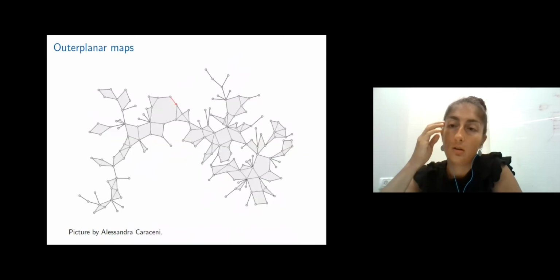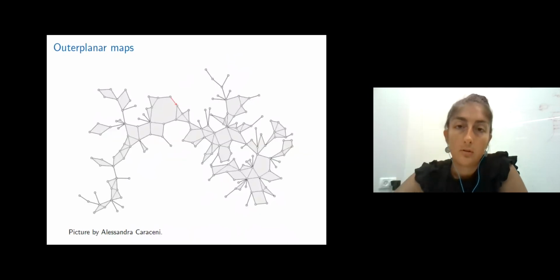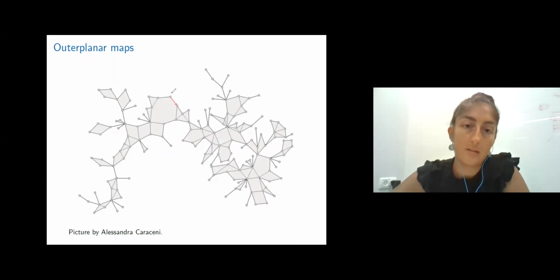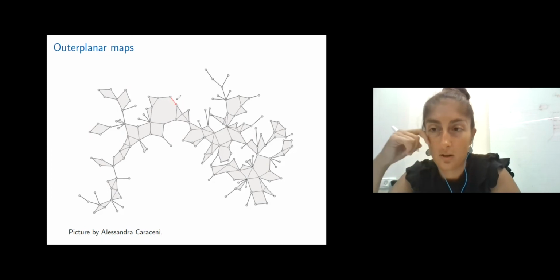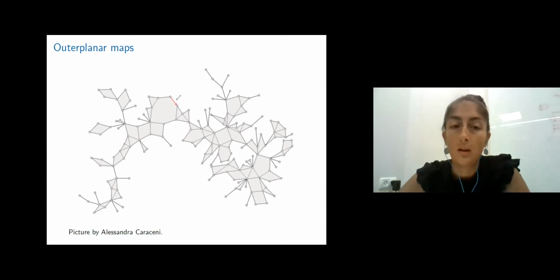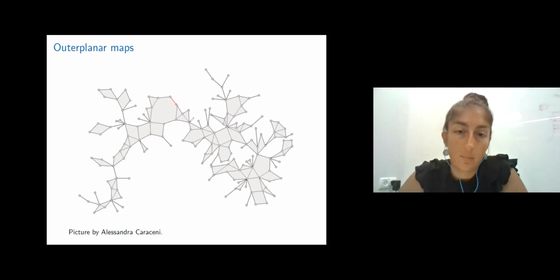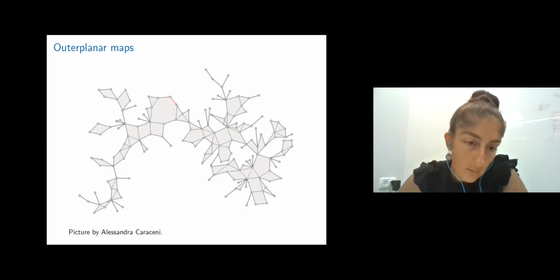Here is another picture of an outerplanar map. So outerplanar random maps are special because they have this property that all vertices are adjacent to some kind of outer face. And there are nice connections to permutations and things like that. You can actually include permutations in these random maps. And they also have a tree structure because you can kind of see, for example, you have big faces like we had before.